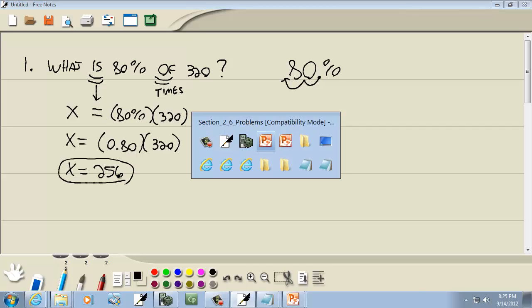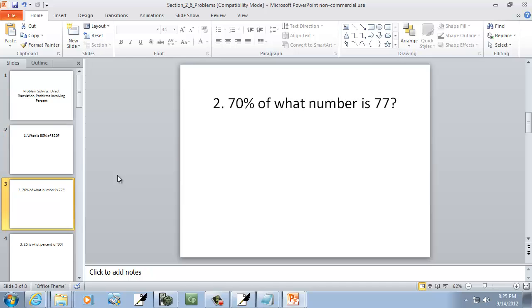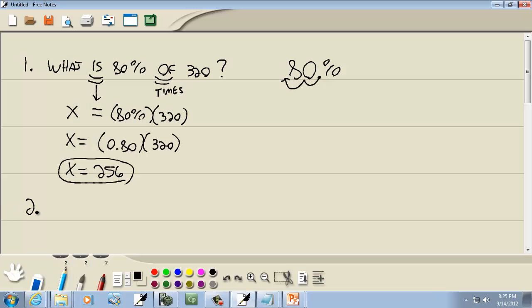Let's take a look at our second problem. 70% of what number is 77?